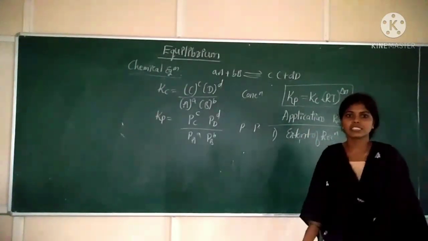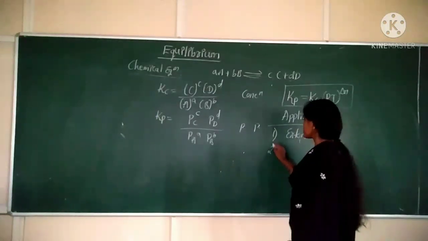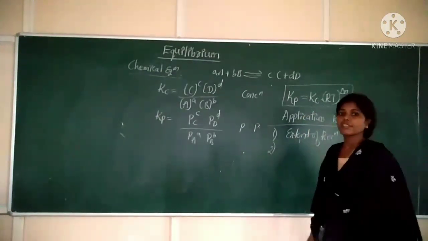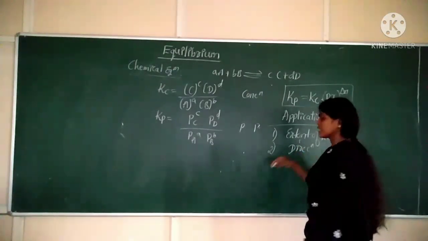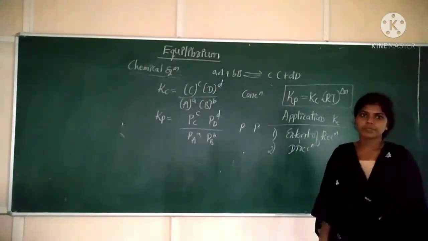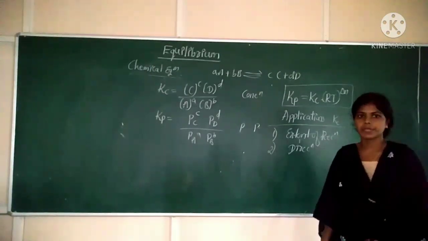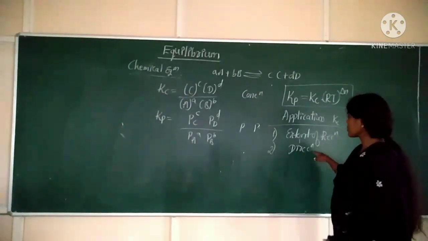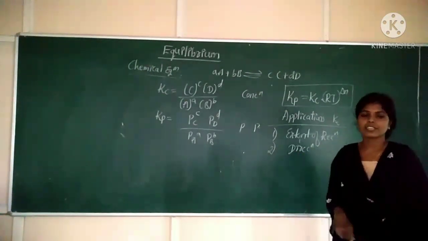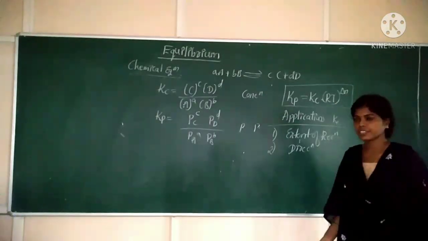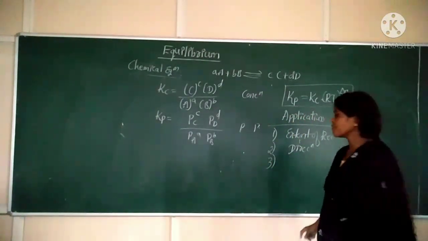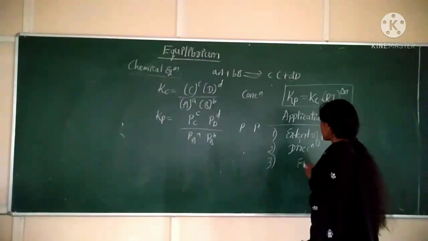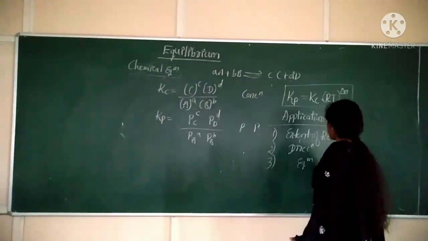What is the second application? We can predict the direction of the reaction, that is forward or backward, or whether the reaction is at equilibrium. What is the third application? By using the Kc value, we can calculate the equilibrium concentration.